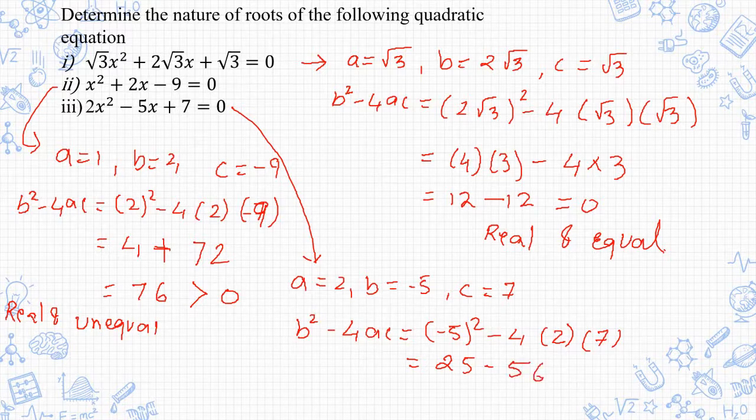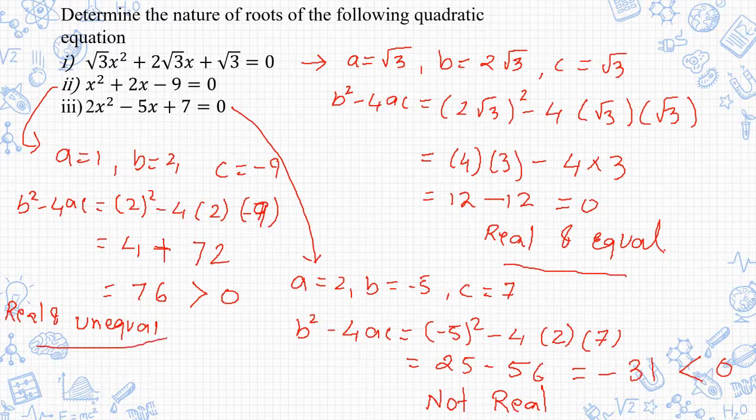Now you have to do 25 minus 56. That is minus 31, sign of the greater number, and this is a negative number or less than 0. So you can say here the roots of the quadratic equation are not real. So depending on the value of the discriminant, you can identify that the roots of the quadratic equation could be real and equal, real and unequal, or not real.